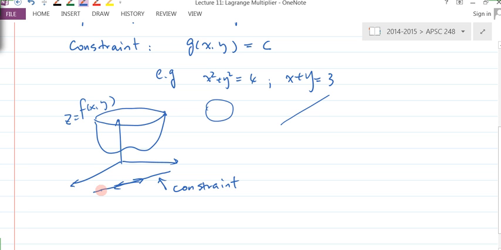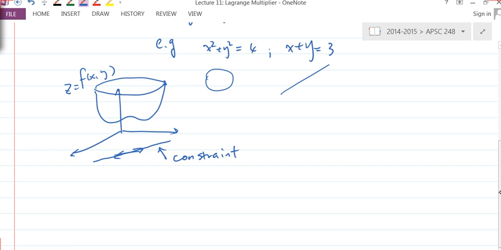So the question is, when you change your x and y along this straight line, what will be the min or max as the corresponding points change along the surface, right? That's essentially a different perspective regarding the min and max. We'll look at a specific example like this.